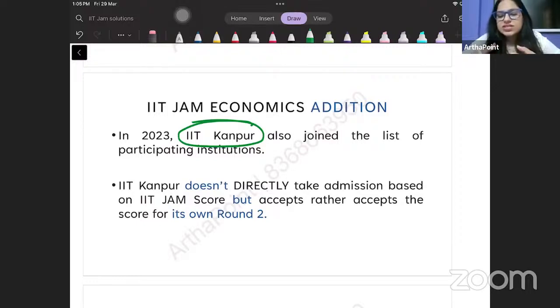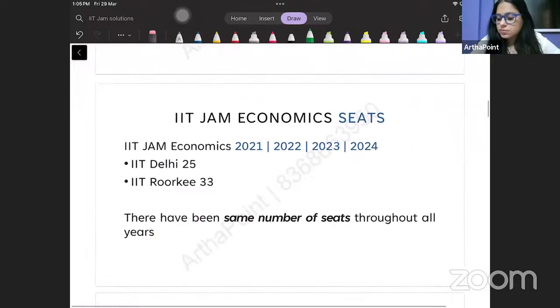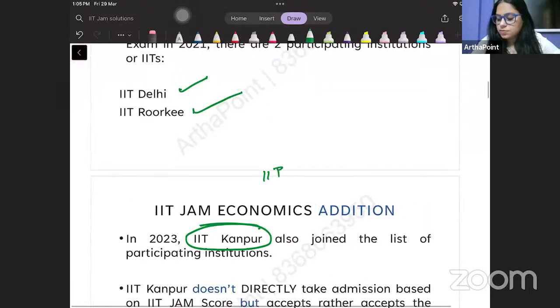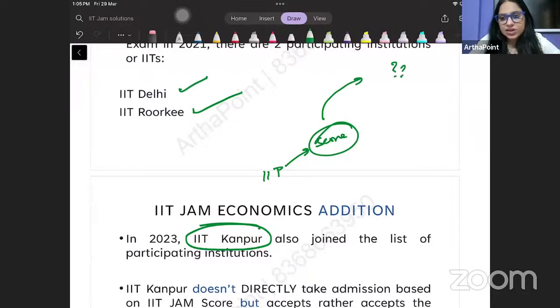But try to understand that after IIT gives its score, तो IITs के पास एक ऑप्शन रहता है कि do they want to take admission for students directly on the basis of score, or do they want to take a second round, right?